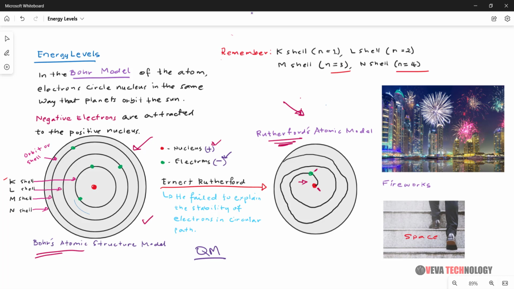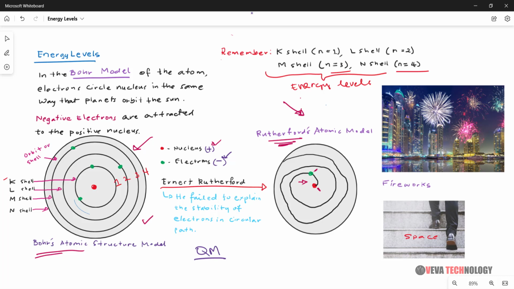So remember, K shell is equal to 1. That is the energy level that is closest to the nucleus, has the value of n=1, then n=2, n=3, n=4. And these are called energy levels. Energy level from the textbook is called principal quantum number of shells.